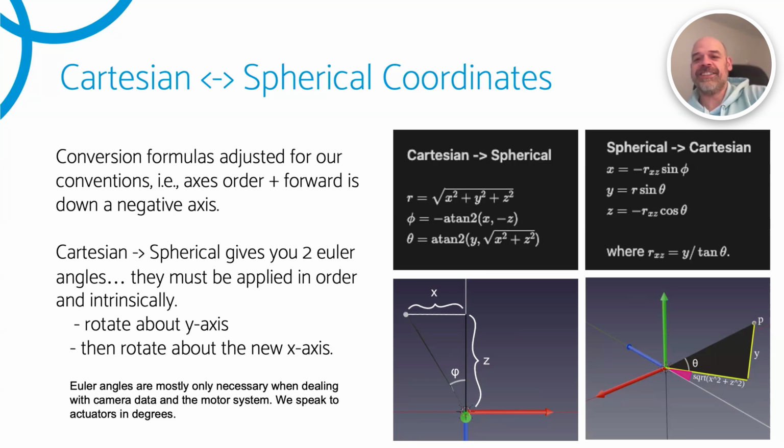You can kind of imagine why. If I hear a bang over in this direction, I don't need to know where that is in full 3D coordinates. I just need to know how much to move to get there.